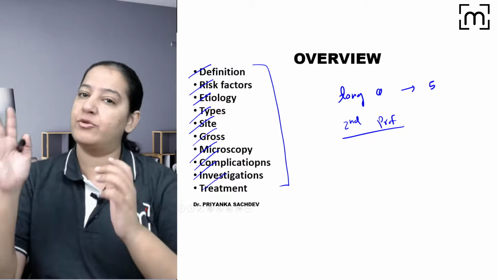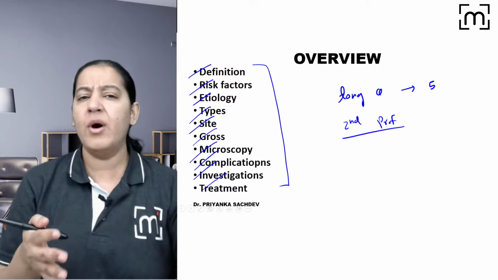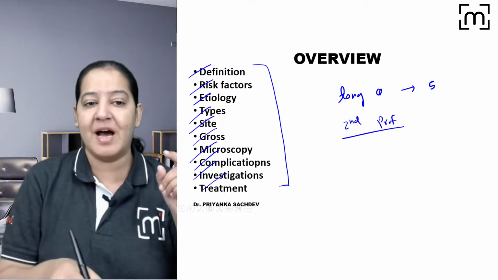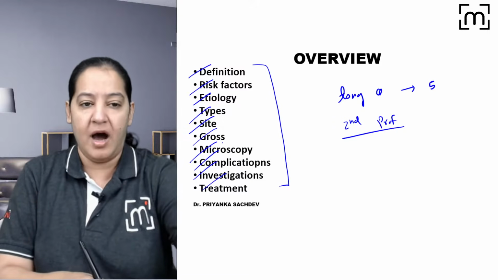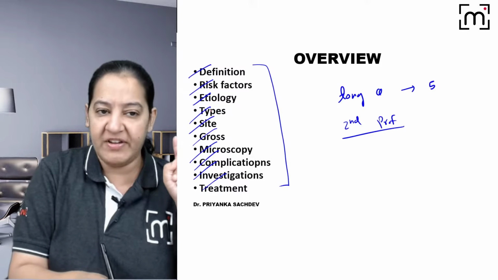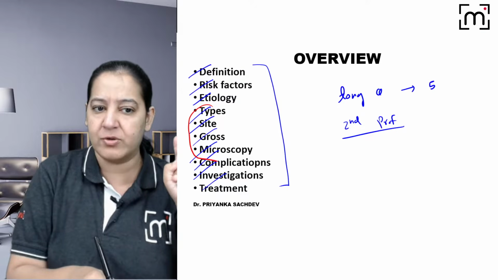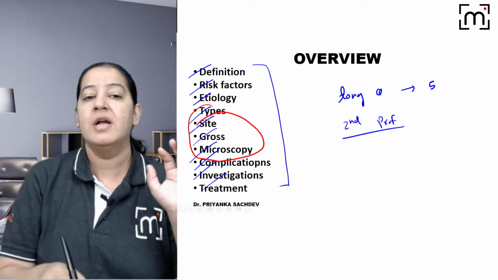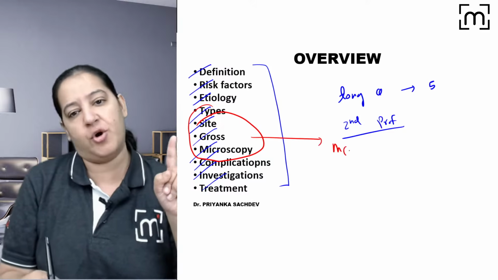In this way we are going to take peptic ulcer till the end. And if you are preparing for a competitive exam, maximum questions will come from the various types, sites, gross, microscopy and complications. This portion has the maximum weightage of MCQs.